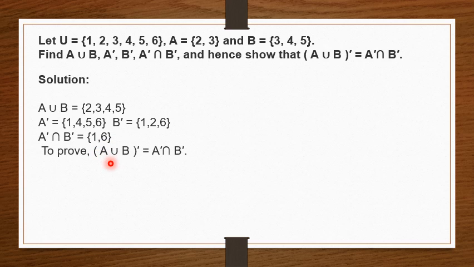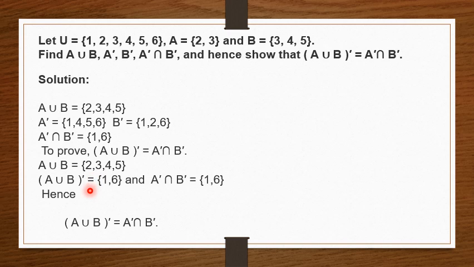Now we need to prove that A union B the whole complement equals A complement intersection B complement with these sets. So we have A union B. We need to find A union B complement. A union B consists of 2, 3, 4, 5. So A union B complement consists of the remaining numbers, since 2, 3, 4, 5 is already in A union B. So the remaining numbers are 1, 6.